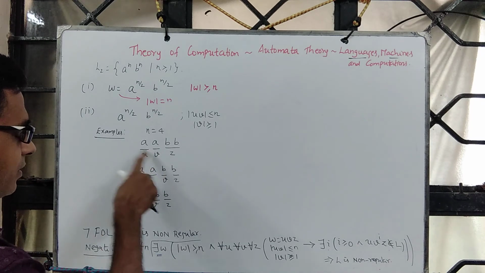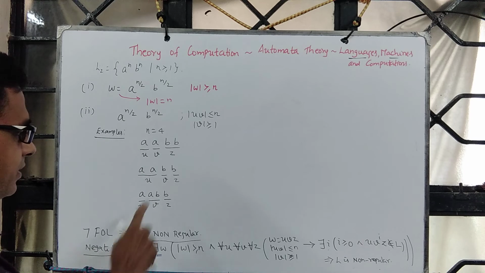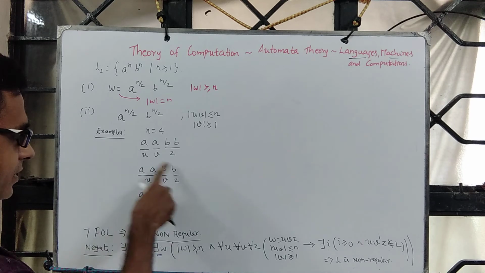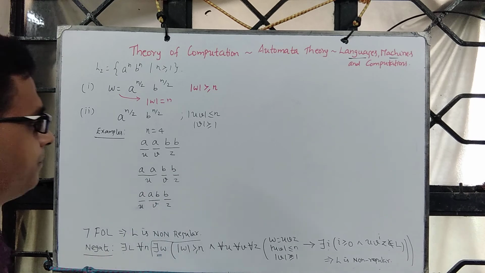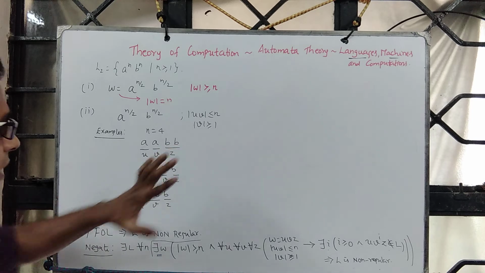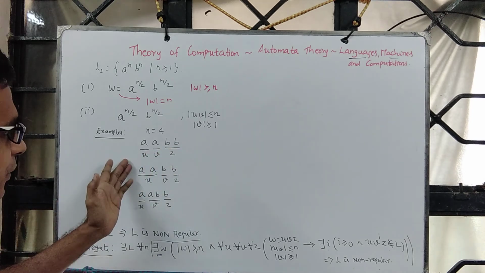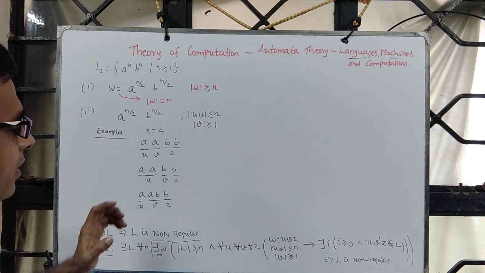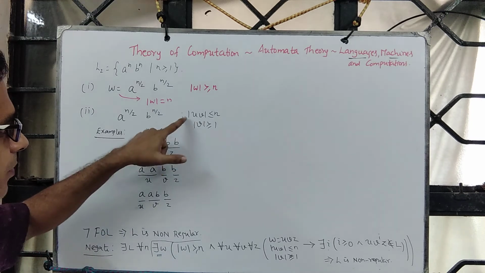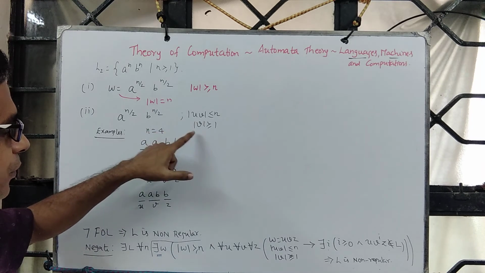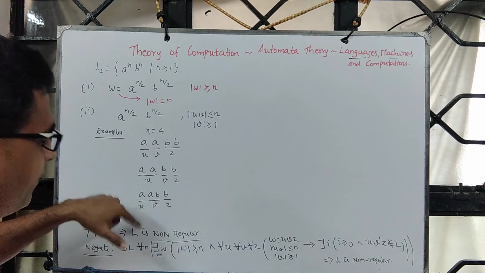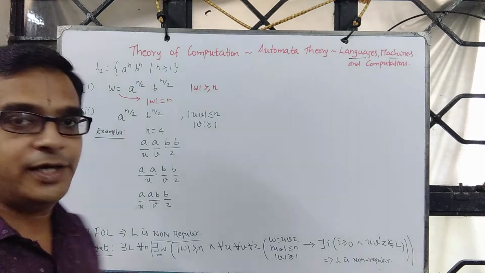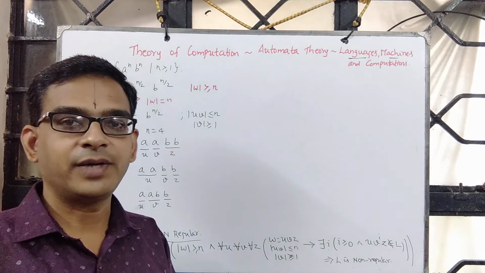V is just containing A's, or V contains B's, or V contains AB. Correct? Because V is at least 1. Accordingly, to its left you get U, to its right you get Z, and we do not know anything about U and Z. You only know about V. So one has to fix V, or one has to look at possible values for V. Accordingly, you get to see the picture for U and Z.